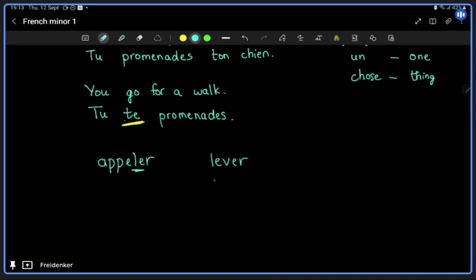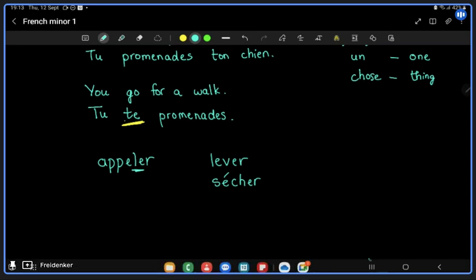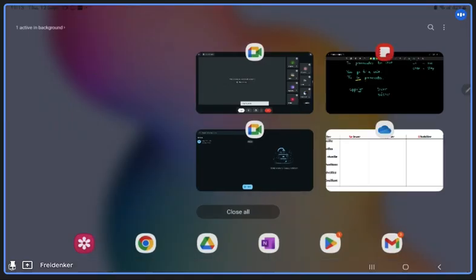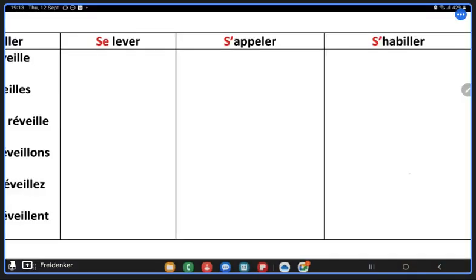There are some verbs in the worksheet, like sécher. I don't remember. I think when you do the worksheet, you'll find the verbs. You'll find some strange accents coming up.